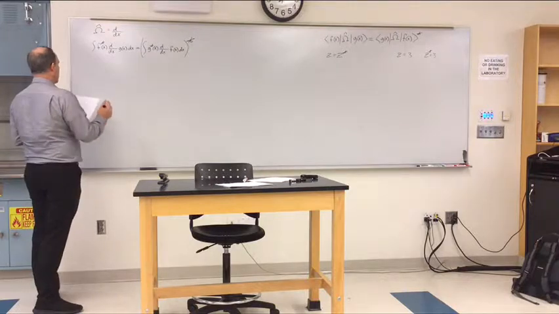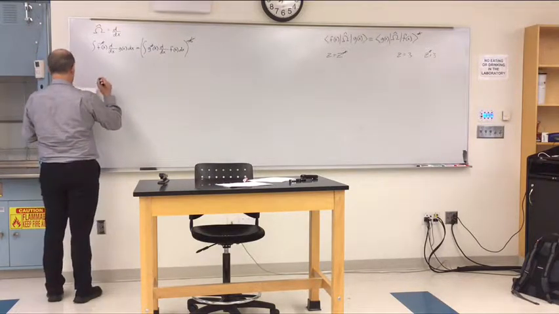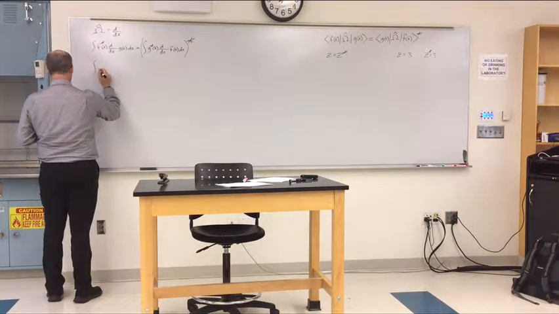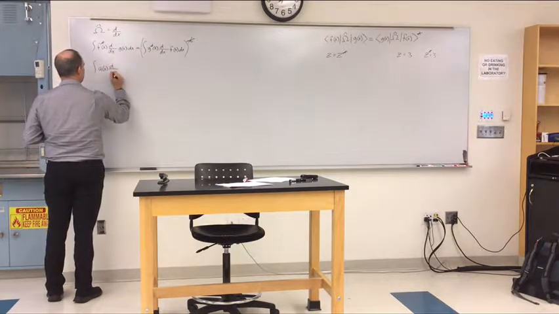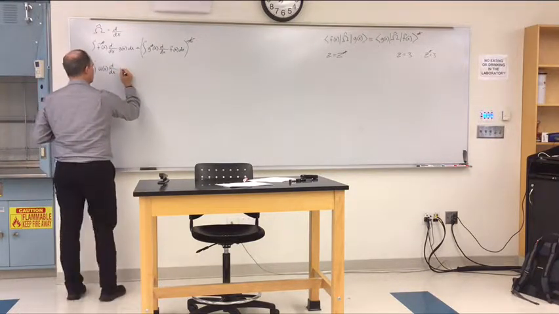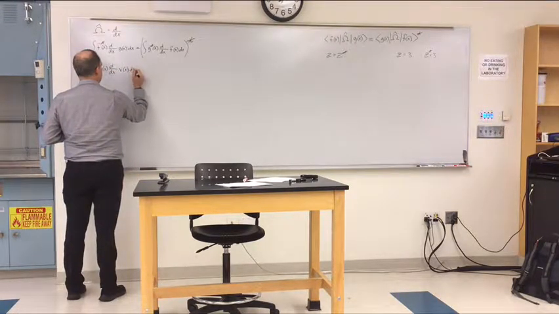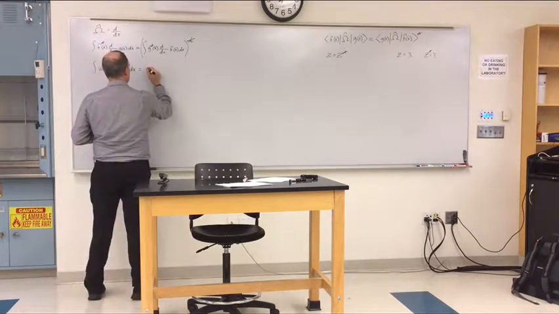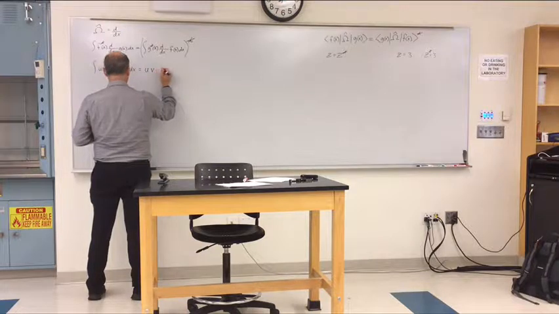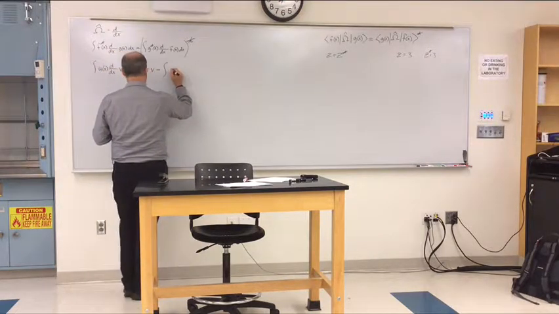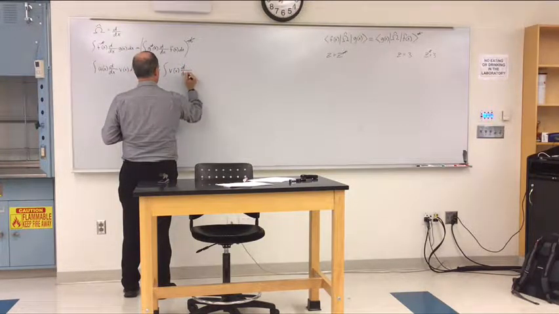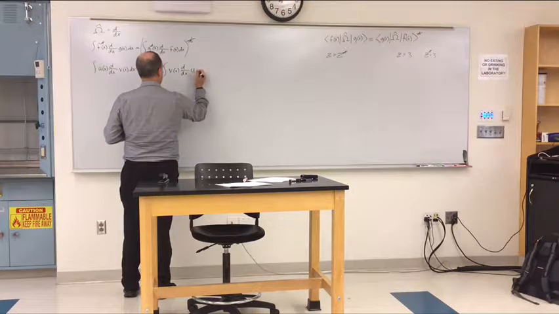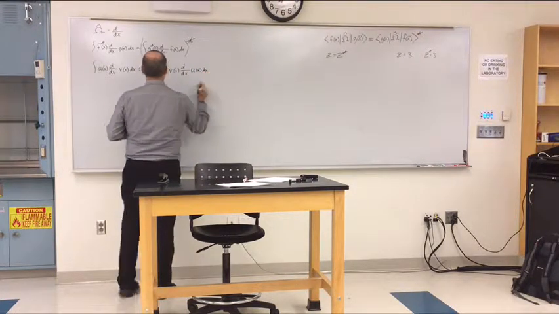So if you forgot integration by parts, if we have two things multiplied together, the integral of u of x, d over dx of v of x dx is equal to u v minus the integral of v of x, d dx of u of x dx.